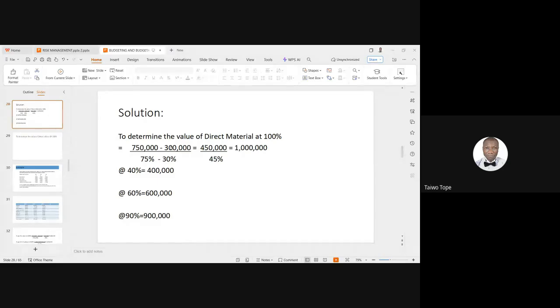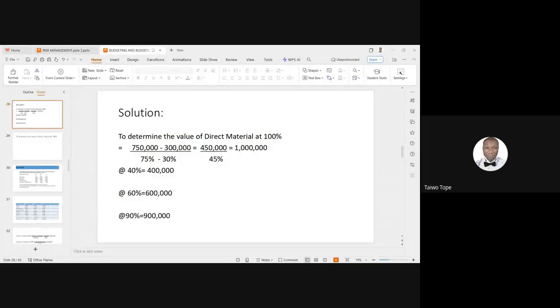So to determine the value of direct material at 100%, we use our high-low method. Now, the highest value is 750, the lowest is 300. In terms of activity level, the highest is 75%, the lowest is 30%.